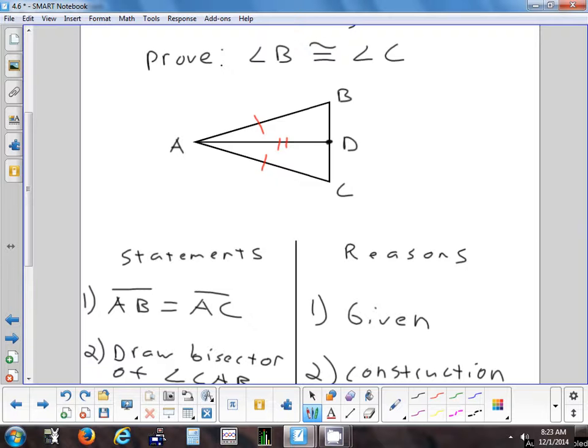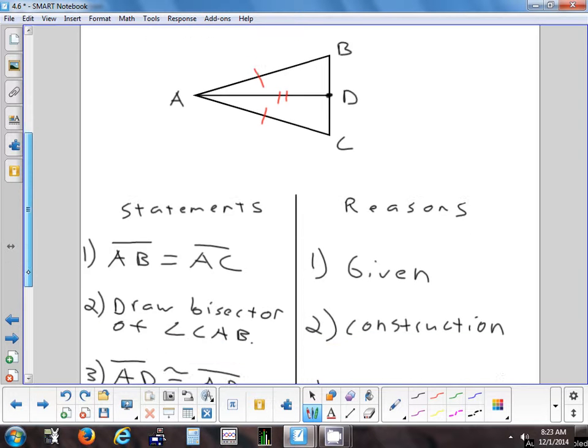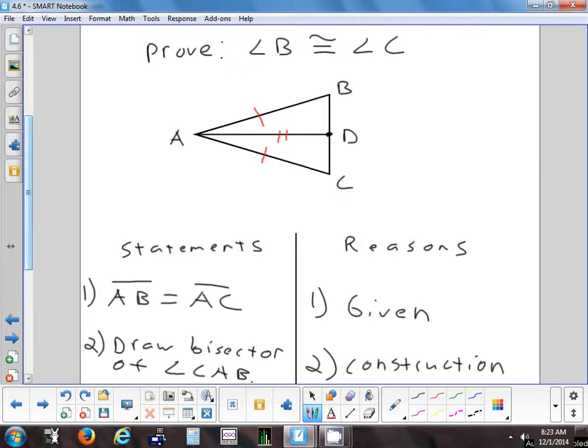What else do we have? Right angle. We don't know that it's a right angle. It could be that this line isn't exactly vertical and that one's not perfectly horizontal. We don't know for sure.